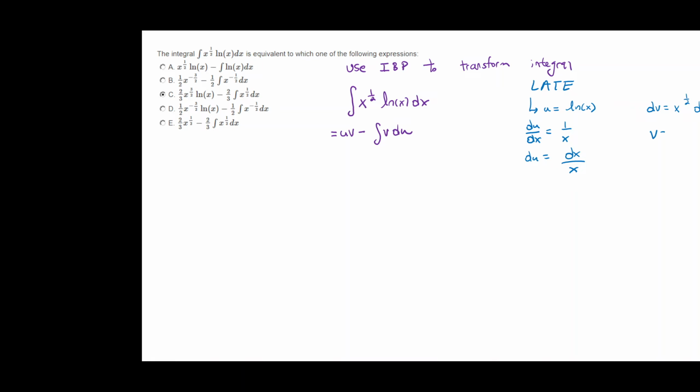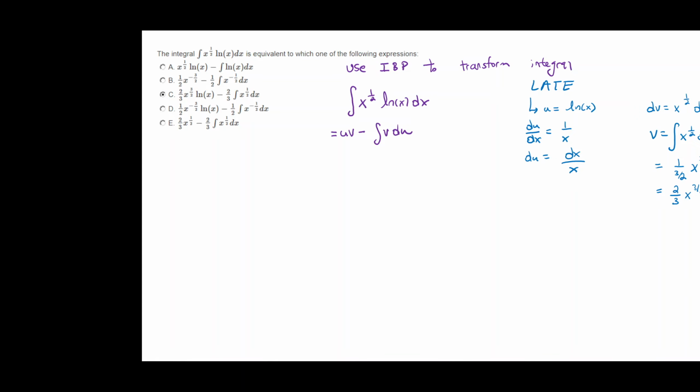How do I get v? Well, I always get v from integrating dv. So I'm going to use the anti-power rule to take the antiderivative of x to the power 1/2. The power increases by 1, so I get power 3 over 2. Then I divide by the new power, so 1 divided by 3 over 2, which can be rewritten as 2/3 x to the power 3 over 2.